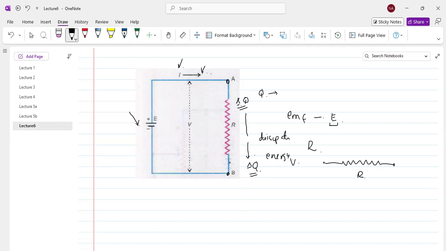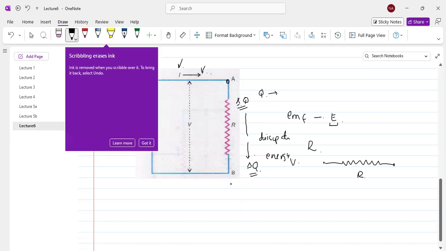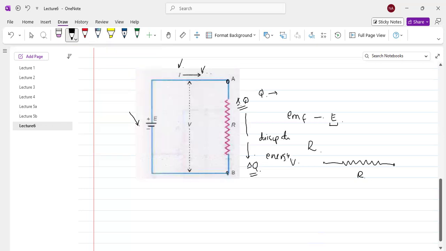When this charge delta Q reaches point B, the energy which is given by the battery to the charge delta Q will be utilized due to the resistance of this resistor. What does this mean? This means the energy is dissipated in the form of heat in this resistor.